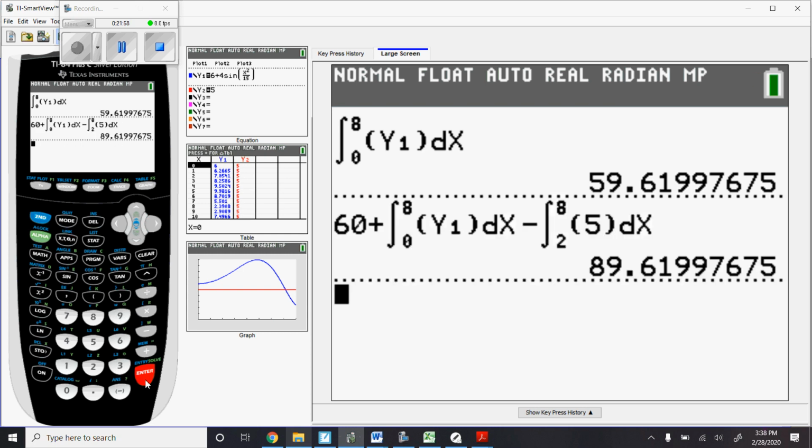And this tells me that the amount of water in the tank at time t equals 8 is 89.619. Or I could say 89.620. If you round it, and I'm going to round this one just to be different, to show you that either way is fine, here's where you need to be very careful.